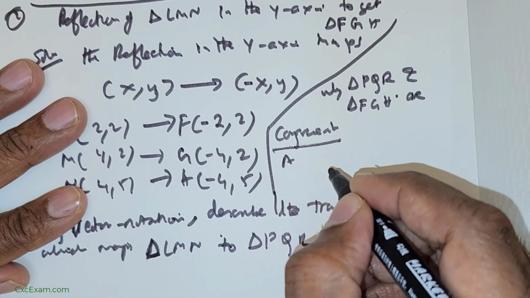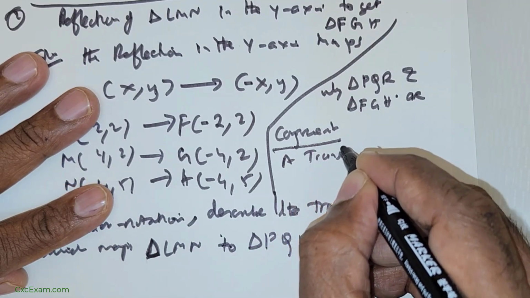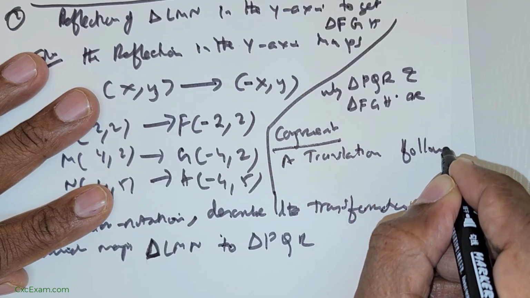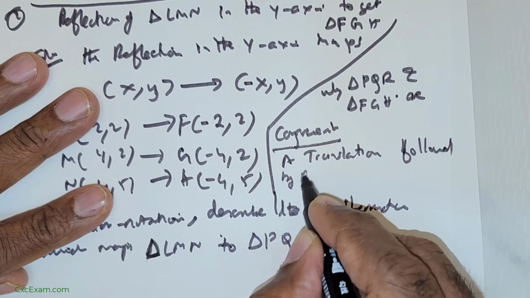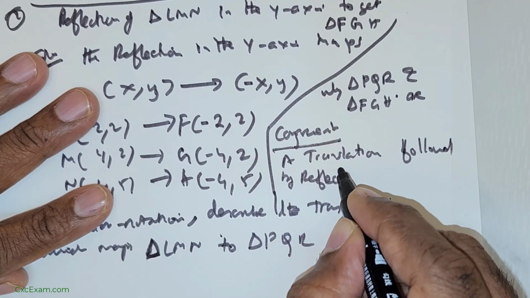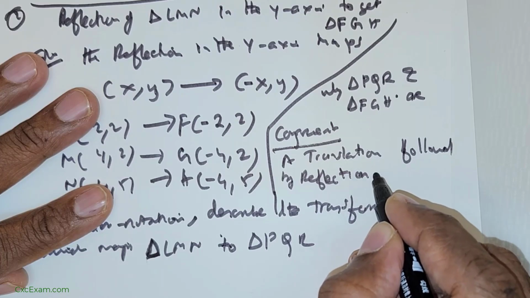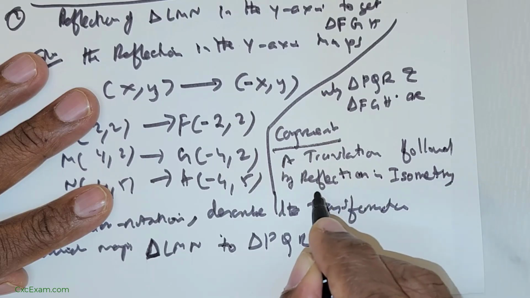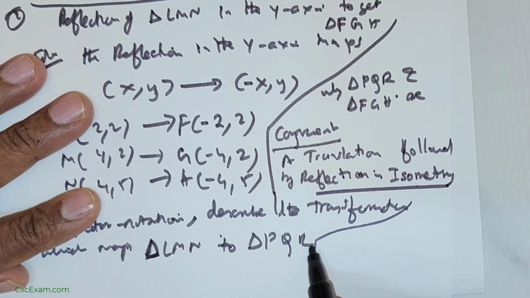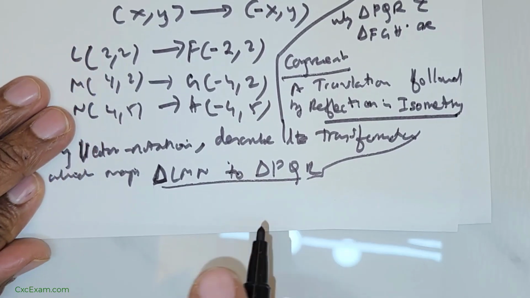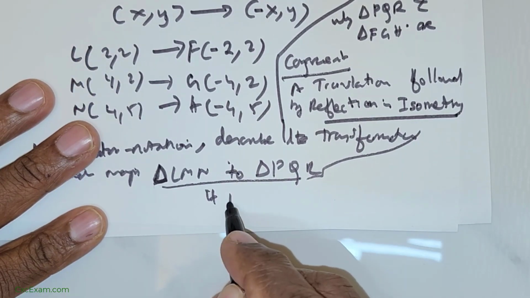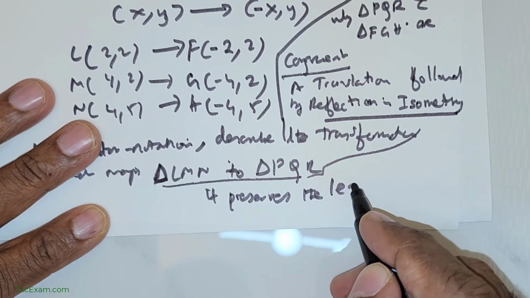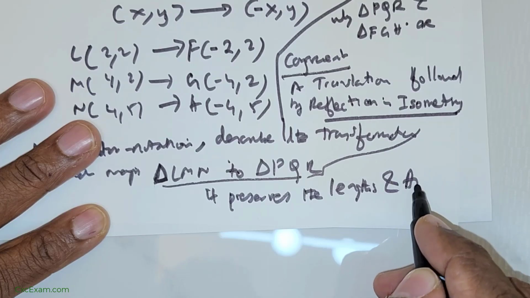So translation followed by reflection is isometry. This is a technical term, isometry. So what do you mean by this isometry? That means it preserves the length and angles.